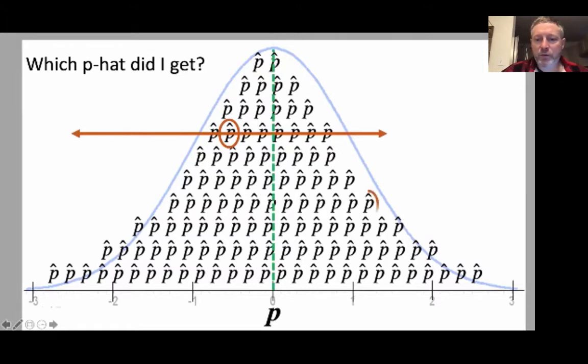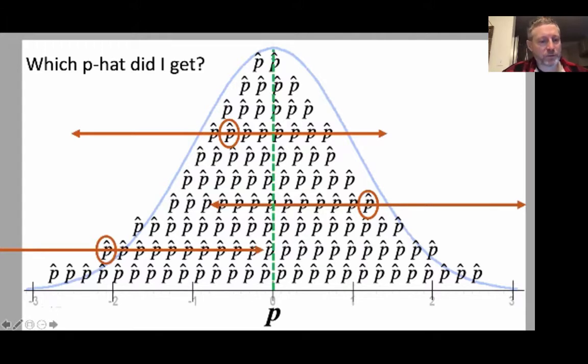If the p hat was over here, a little further out on the right side, and I go out 2 standard deviations on both sides, again, that interval will overlap or capture or contain the true p, whatever it is. However, if my p hat happens to be out here and I go out 2 standard deviations, you'll notice that the endpoint on the right does not quite capture the true proportion.